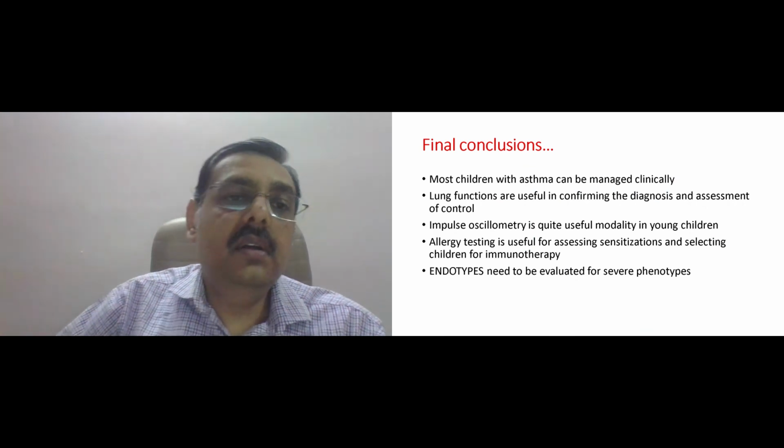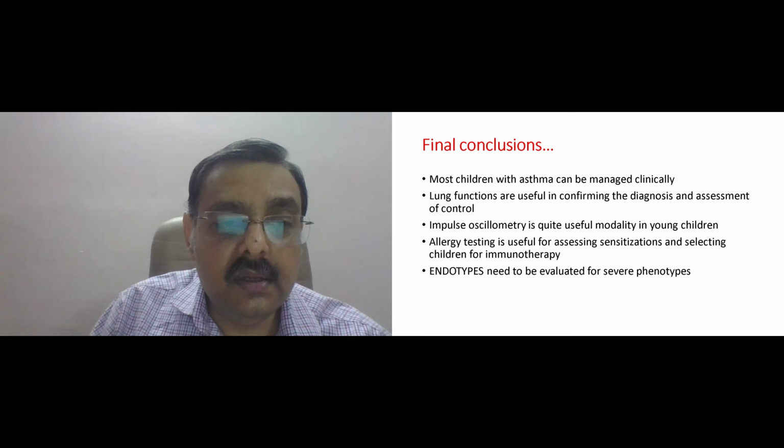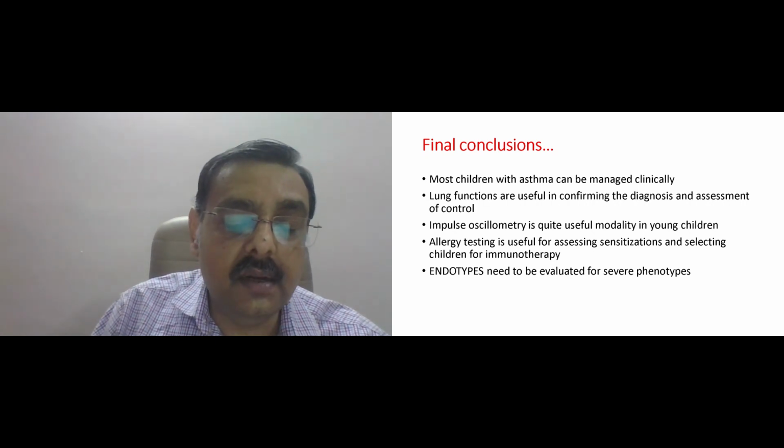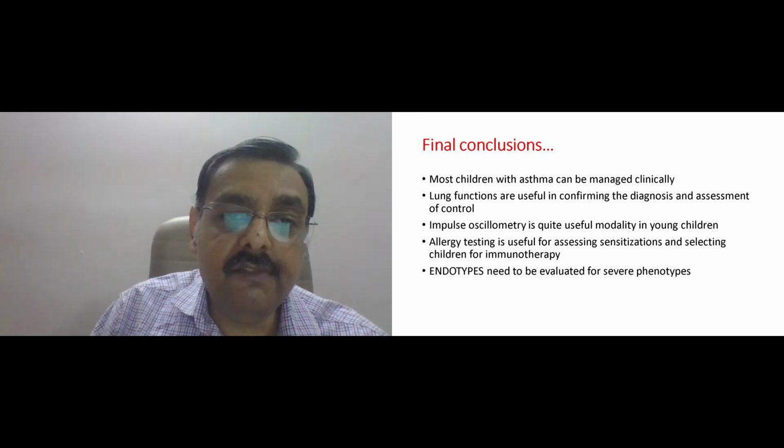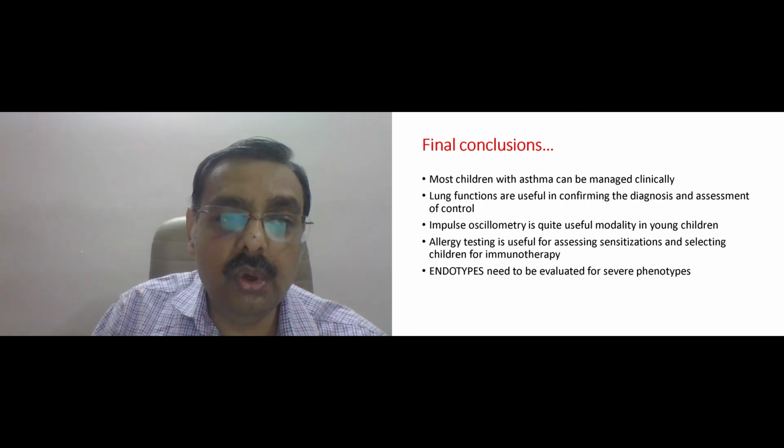Right now, with that, we end with the endotypes, and let's finally conclude that most children with asthma can be managed clinically. Lung functions are useful in confirming the diagnosis and assessment of control. We know that.